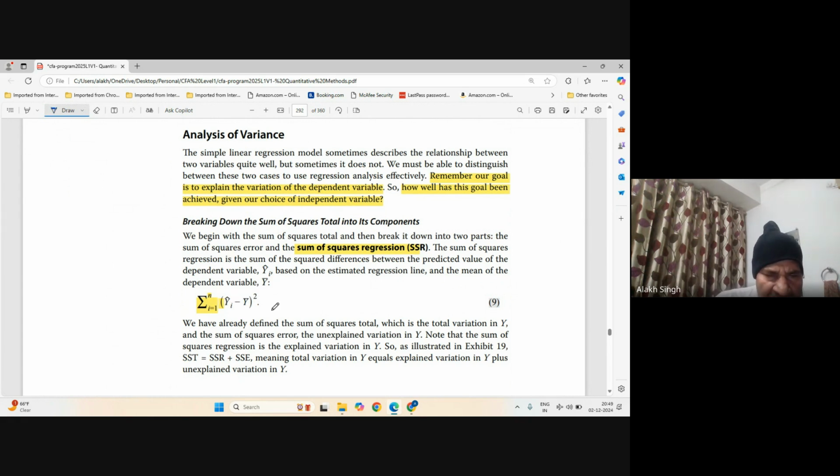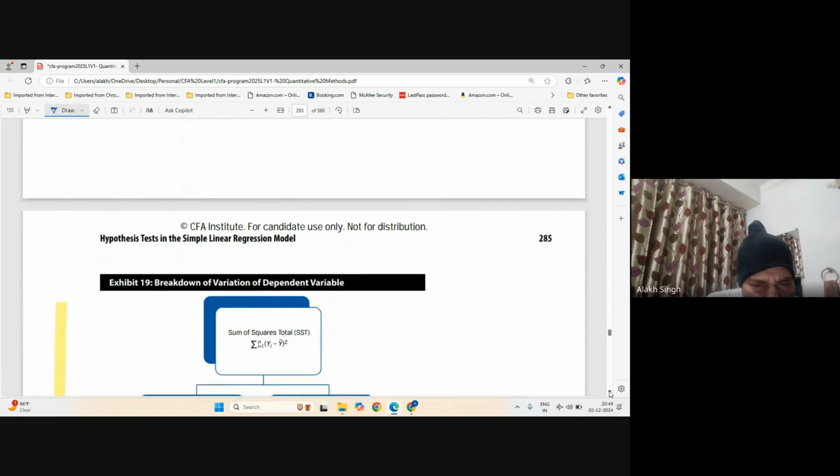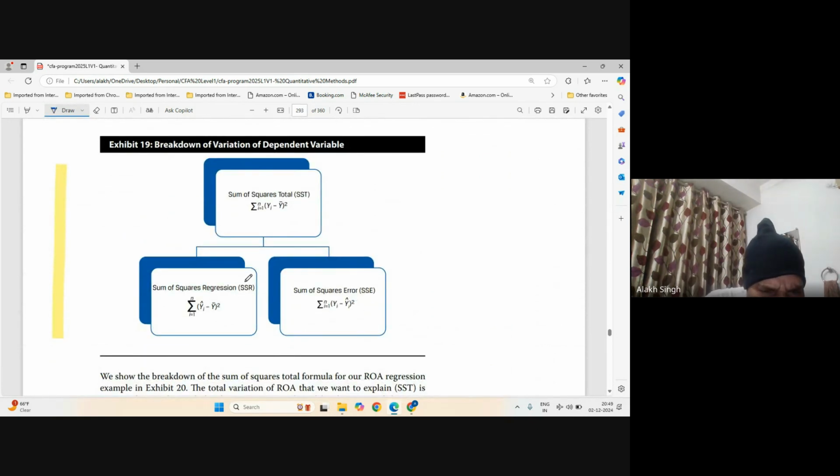I used to write SSR for sum of squares of regression and SSE for sum of squares of error, which is yi minus yi hat whole square, and together they equal the total.